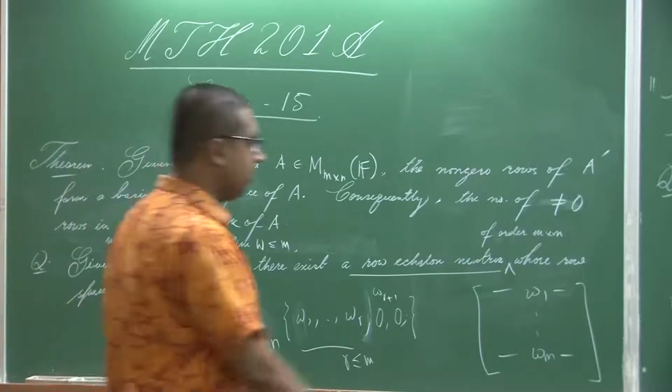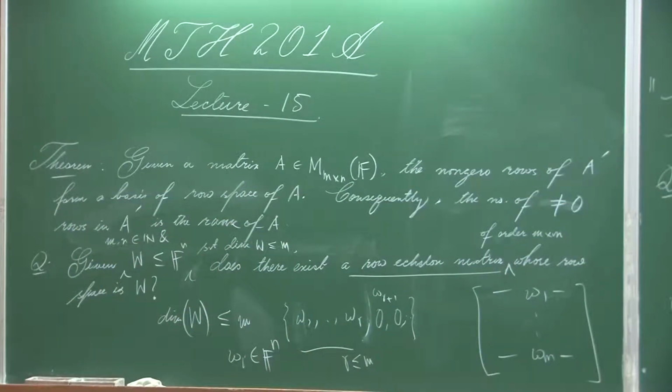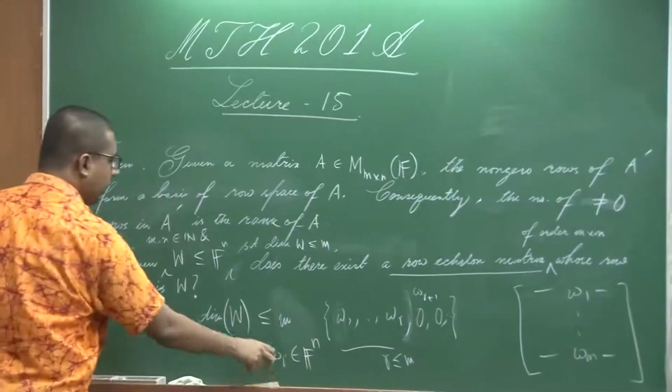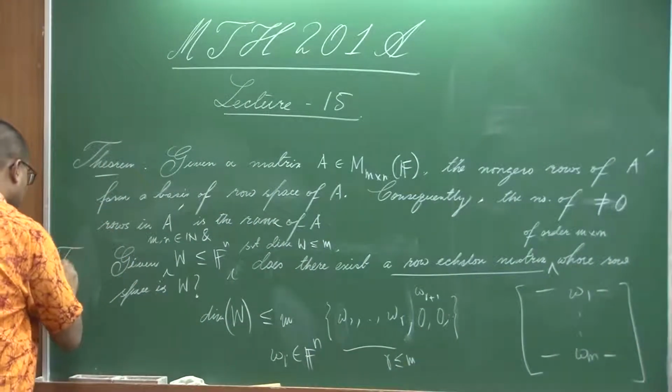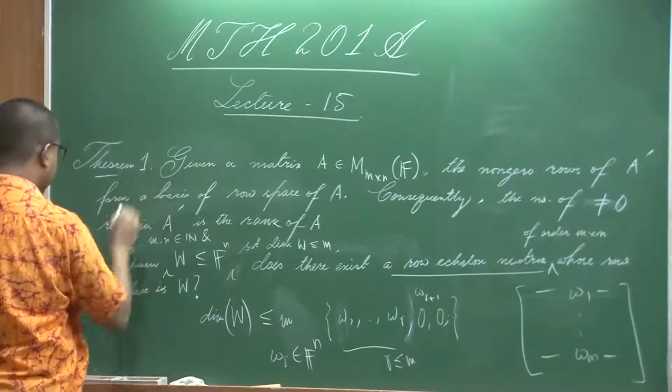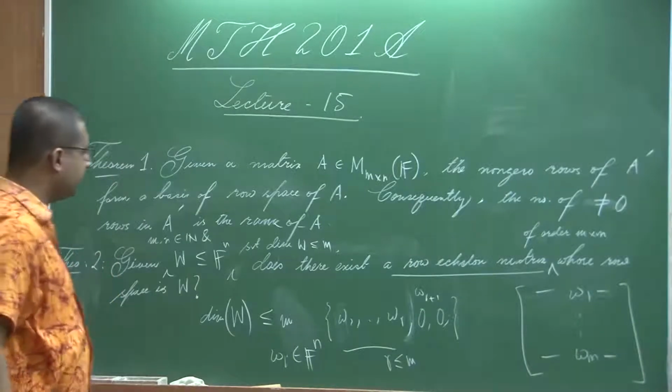Let me write the question. Since we have answered the first, we can record it now as a theorem. Let us call it theorem 1, and let us call this theorem 2.